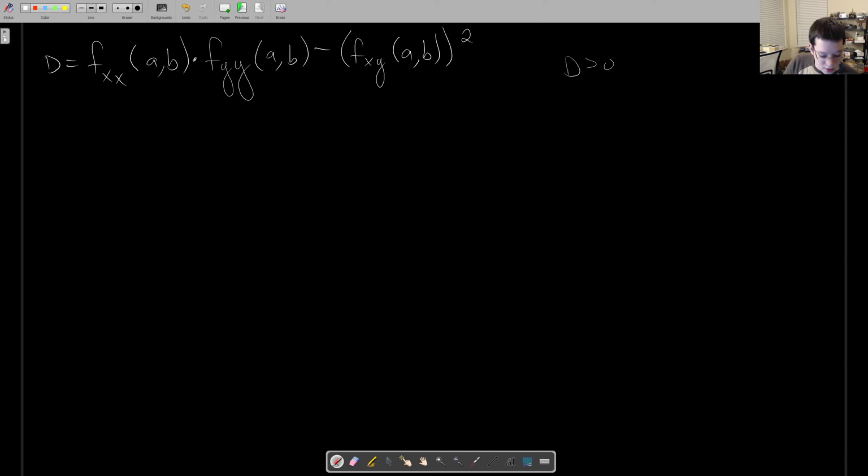D greater than 0 and f_xx. This upside down a without the crossbar is math notation for and. I just use it as shorthand because it's handy.